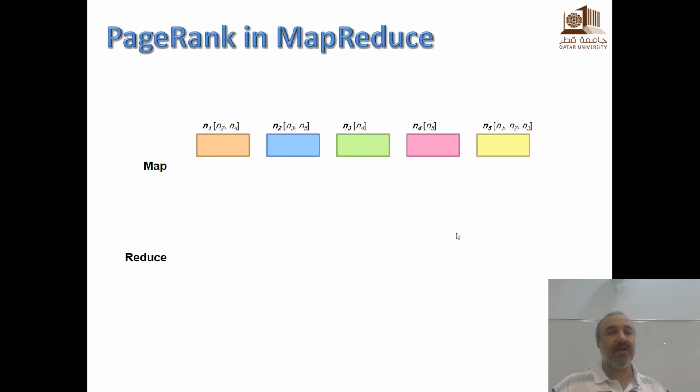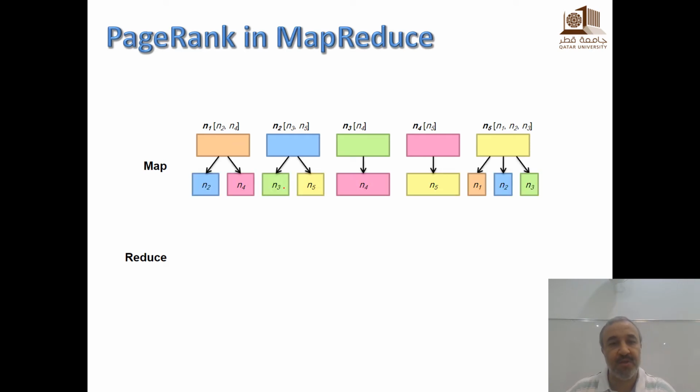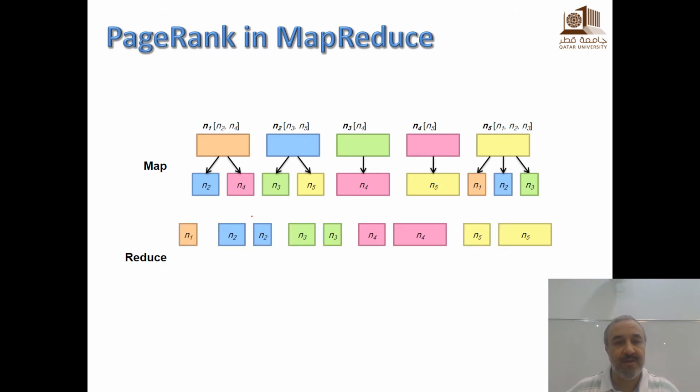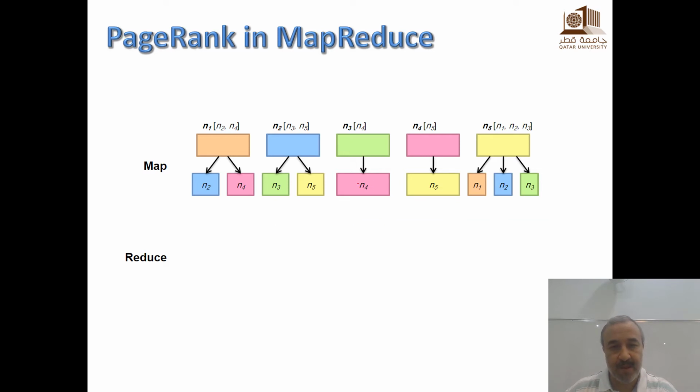Here is just a schematic diagram for MapReduce. So if we have these 5 nodes, then each node will distribute in the map its score over the adjacency list, over the outlinks, and then this is what happens in shuffling. Now the colors here indicate different nodes. Okay.